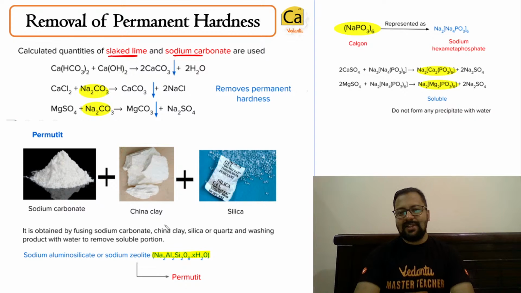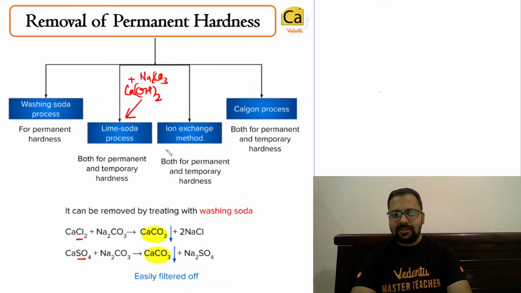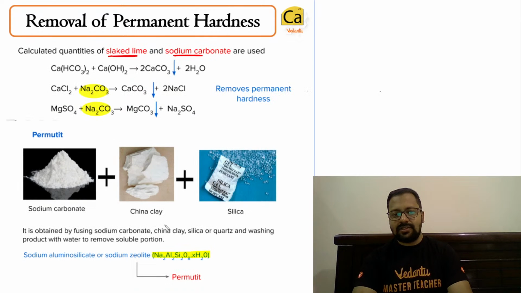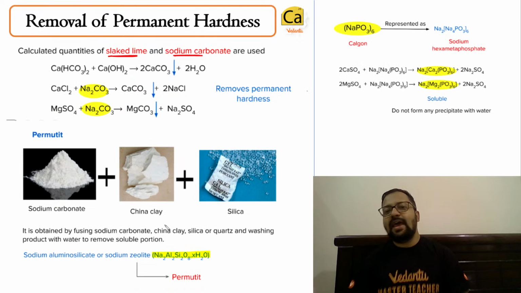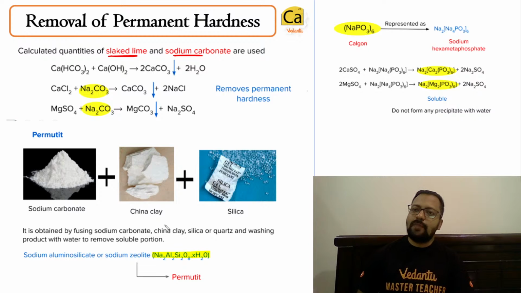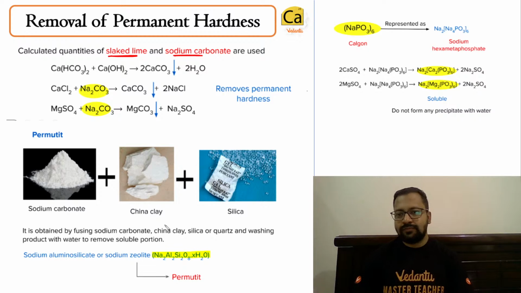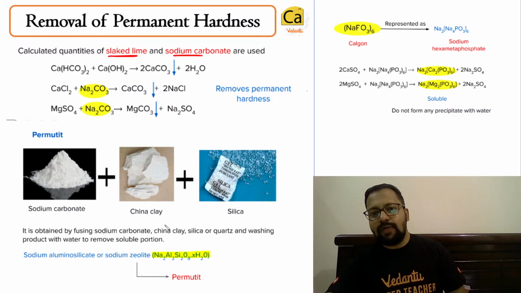The last process is the Calgon process, and Calgon is sodium hexametaphosphate. NaPO3 whole 6 is also represented as Na2Na4PO36, sodium hexametaphosphate.